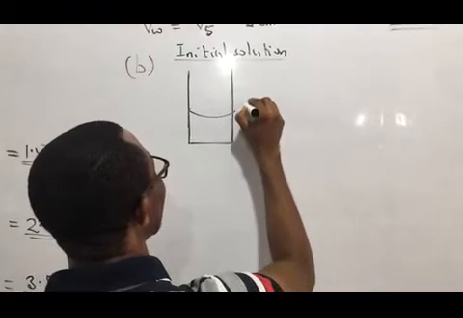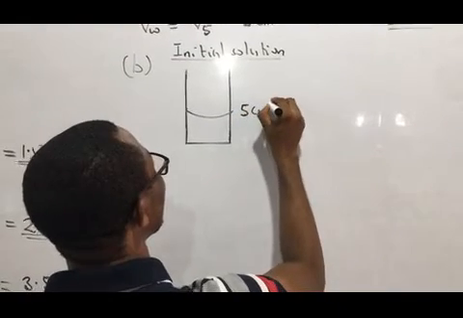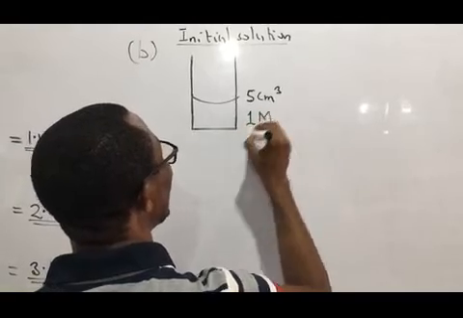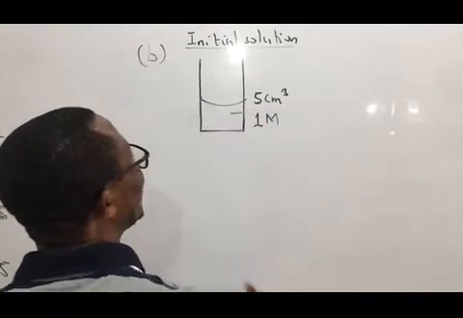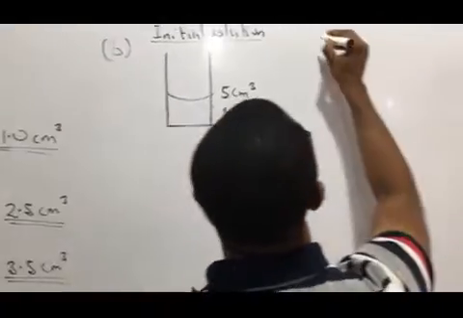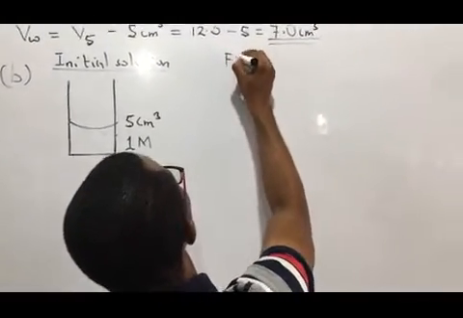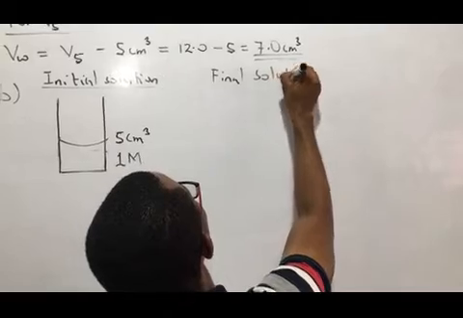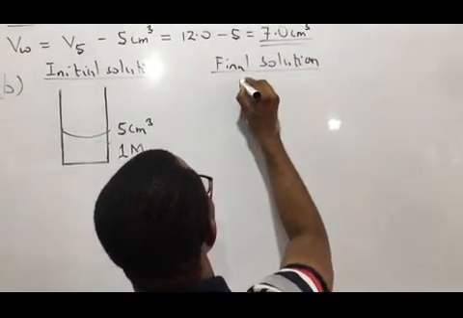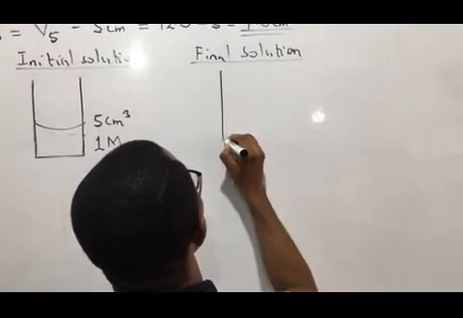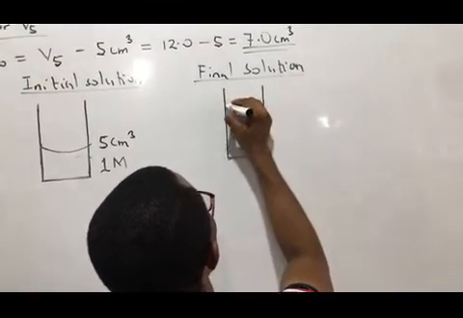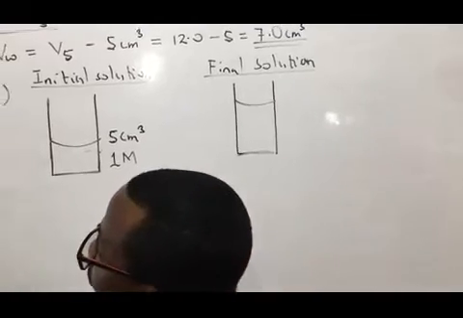This contains the volume here is 5 cm cube. And then the concentration was 1 molar. Okay. And then when it comes to the final solution, that is what is indicated in the diagram. We are talking for V4. V4, the final volume we recorded was 9.